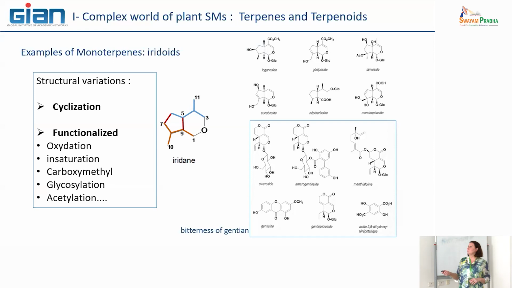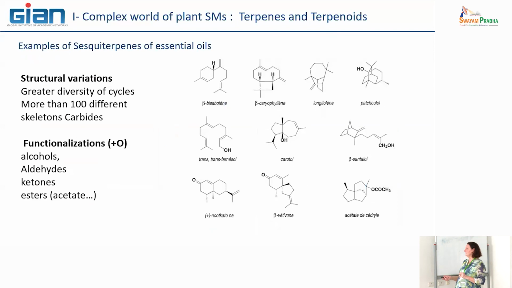Sesquiterpenes, as I said, are very important for essential oil. Here are some examples. They may have one or two cycles, and they can be functionalized by several different modifications, in particular methylation or hydroxylation. For example, you know the tree that gives sandalwood.